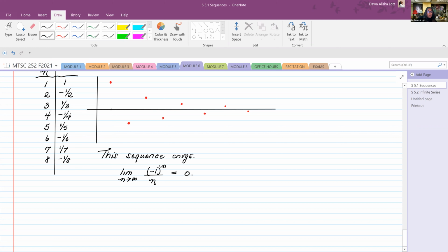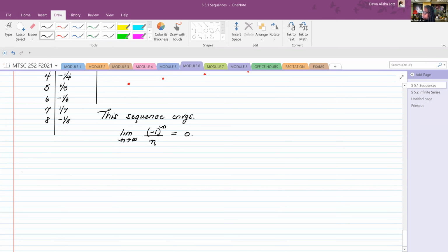Okay, now I'm going to give you some commonly occurring limits, and you may need these. In whatever you do, you may need them. So please take careful look at these commonly occurring limits.